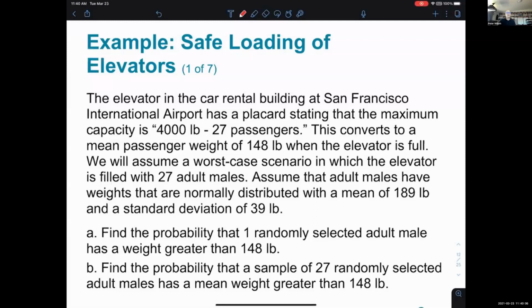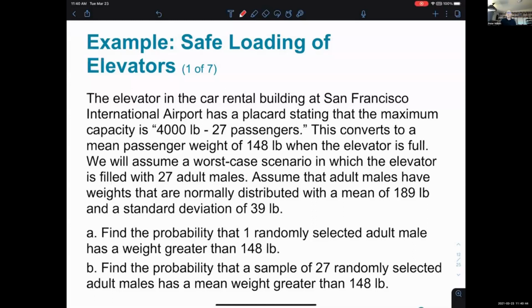What they're saying is, if you load up all 27 people, that is the maximum number that will fit in terms of floor space or oxygen or whatever. Since the weight limit is 4,000 pounds, if I divide 4,000 by 27, that group of 27 passengers would, on average, need to be 148 pounds or less, otherwise they will exceed the 4,000 pound limit.